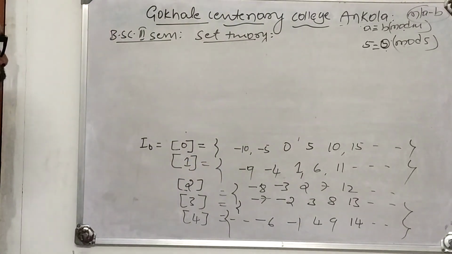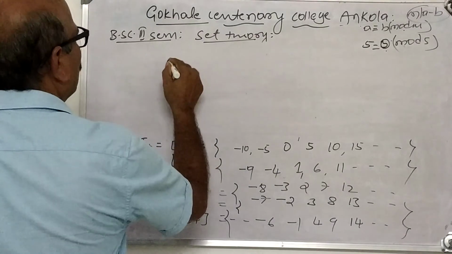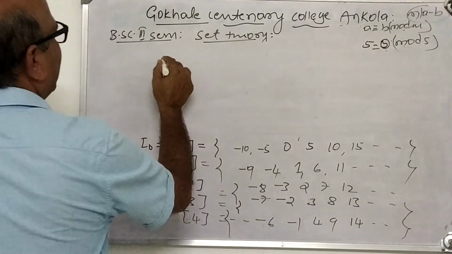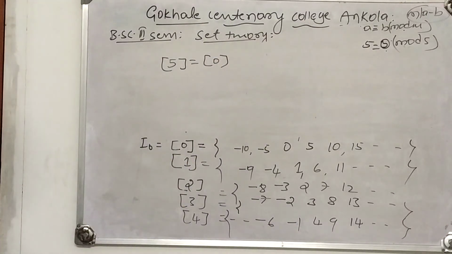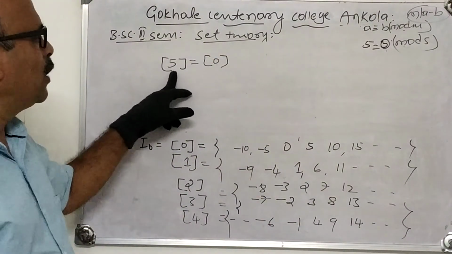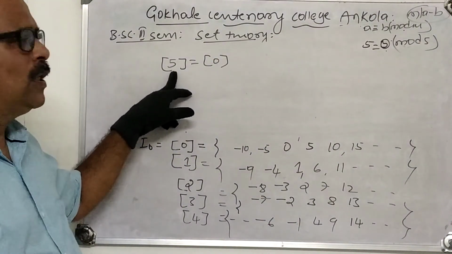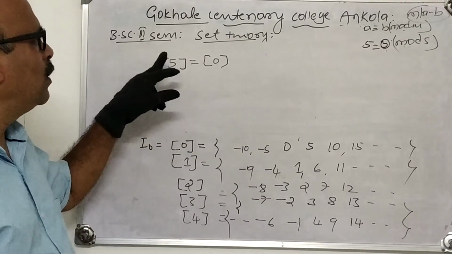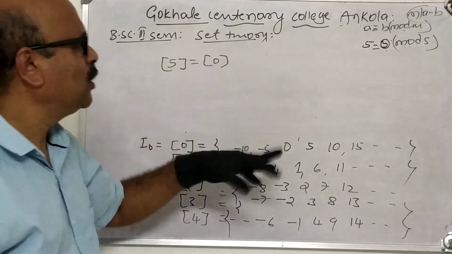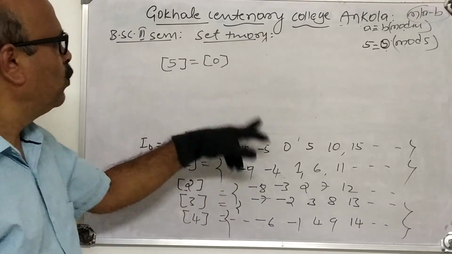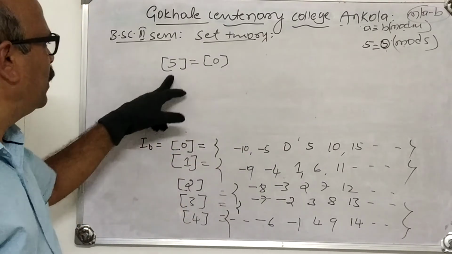Because if I take 5, then that 5 is the same as 0. The equivalence class determined by 5 means all the integers congruent to 5 mod 5, and 5 mod 5 is the same as 0 mod 5.